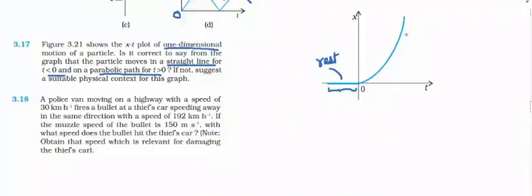Position time graph is a curve in one-dimensional motion means the particle travels along a straight line with non-uniform velocity. Path of the particle is a straight line because it is one-dimensional motion. The graph is a curve because its velocity is non-uniform. So therefore, a graph represents always the relation between two quantities. The shape of the graph is not the shape of the path traveled by the object.